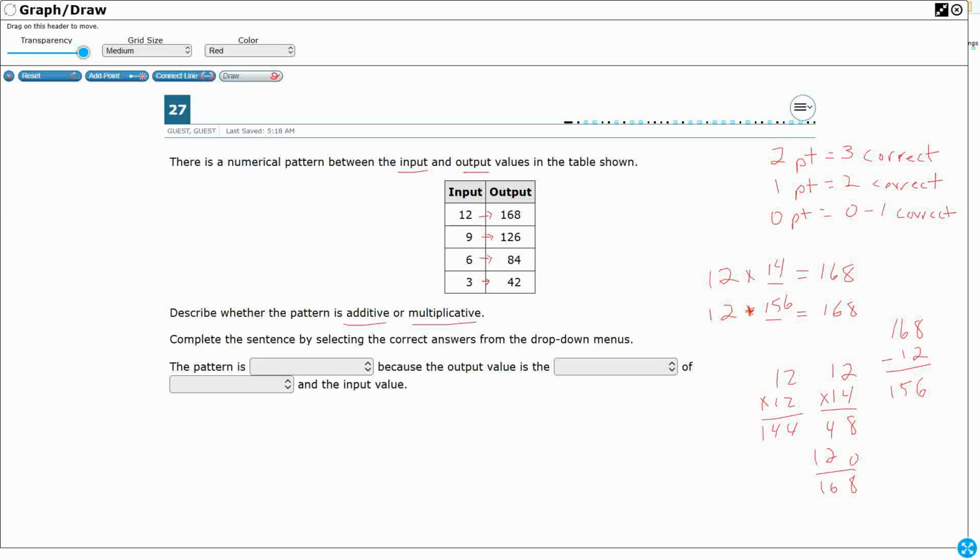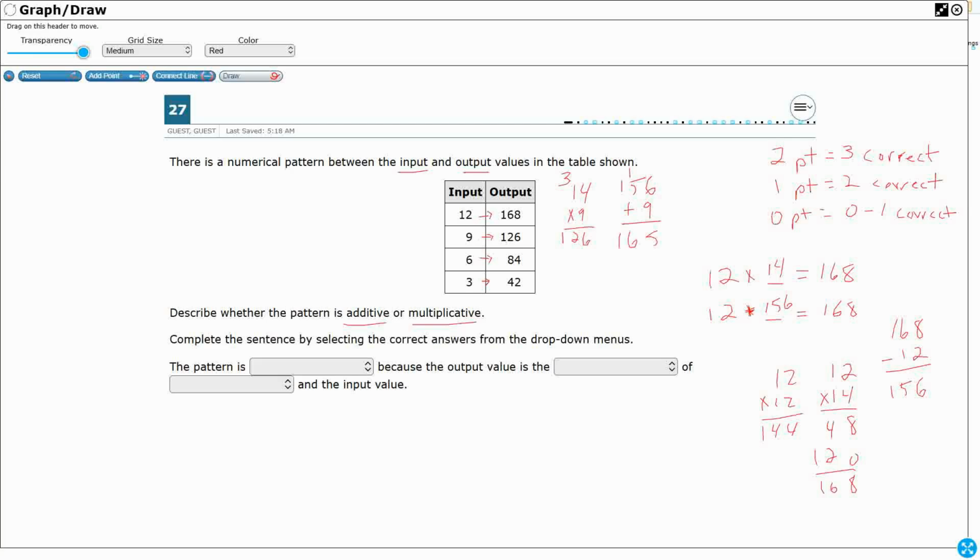So let's do 9. 9 times 14. Let's do 14 times 9. And that's going to be 36. That's 9. That's okay. I think it's going to be multiplied by 14. Because if I add 156, 156 plus 9, that's going to get me 165.